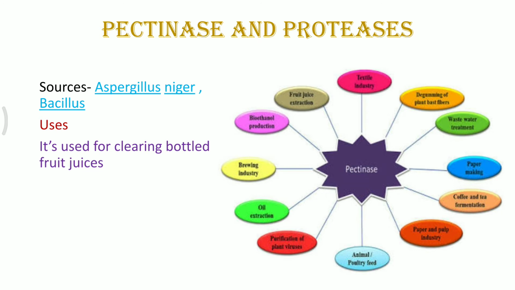Once it is digested, there is no problem in the vessel in which the fruit juice or vegetable juice is kept. It will get cleared off because there is no pectin left in the juice.